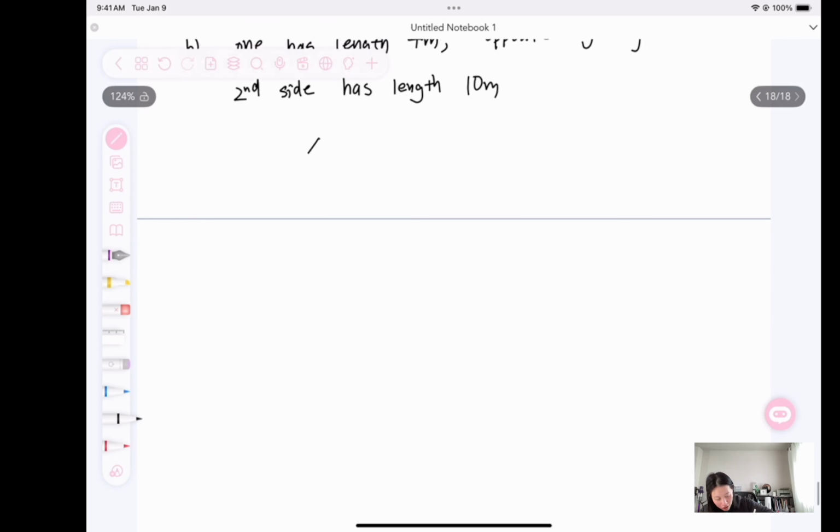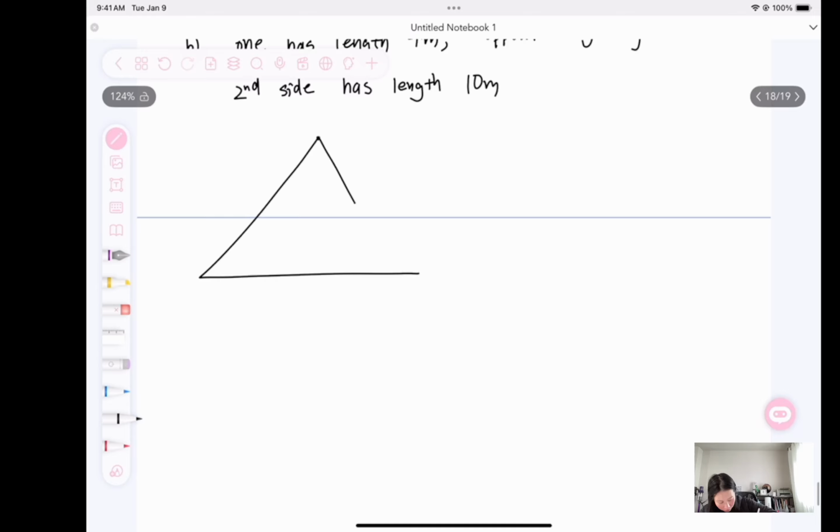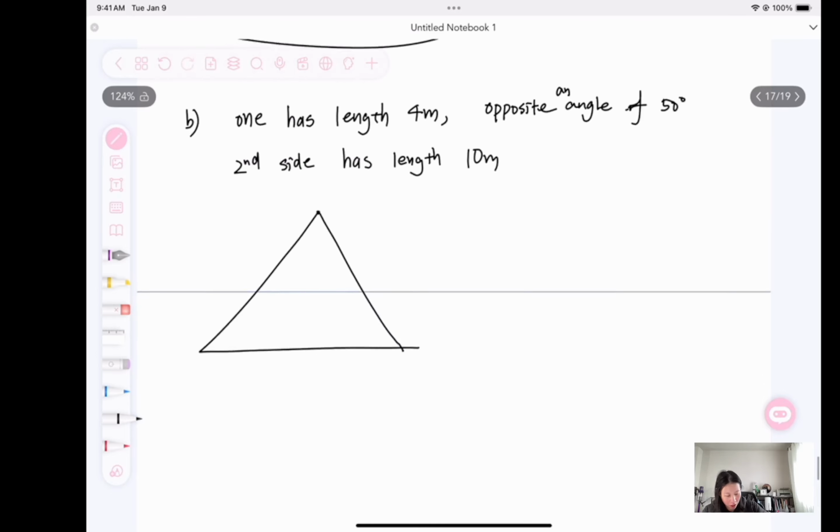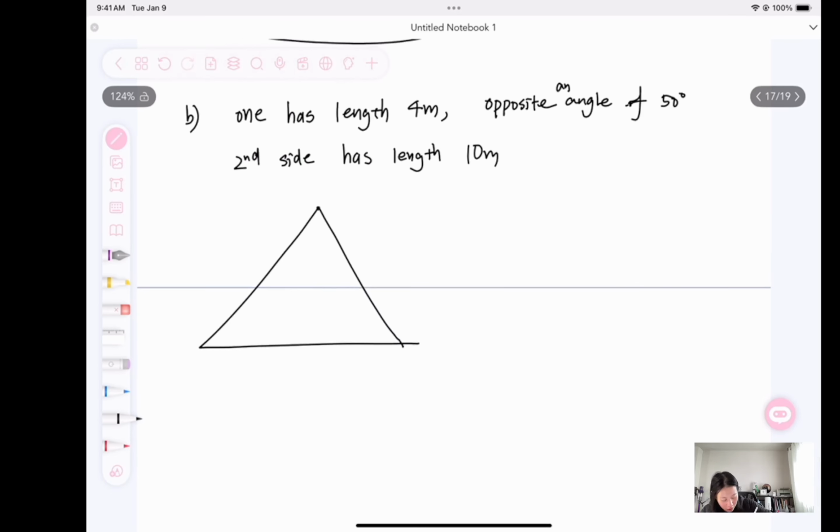Okay, let's construct this triangle. If this is 15 degrees, this is going to be 4 meters, and the second side, let's say in here or here, either way, it doesn't matter because they're the same. It's 10 meters.